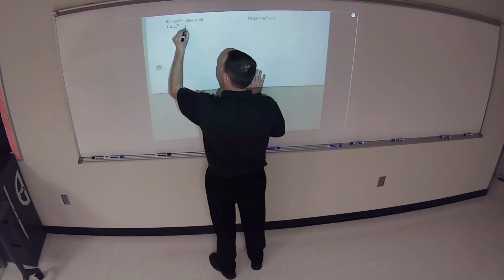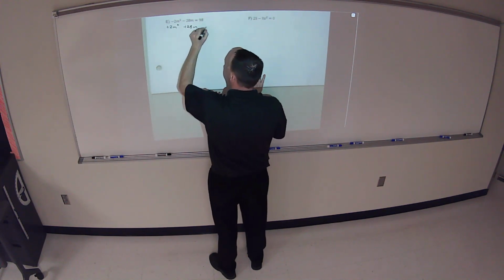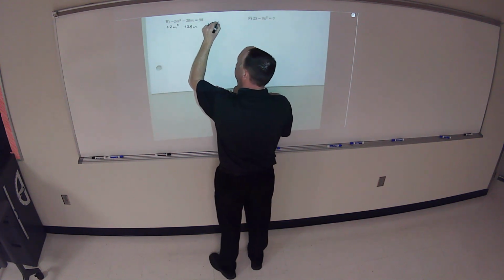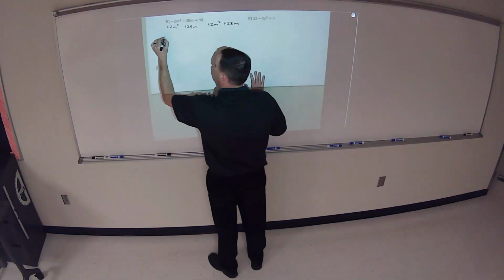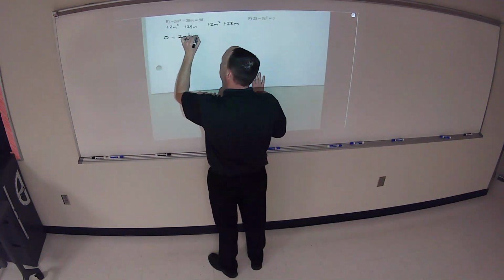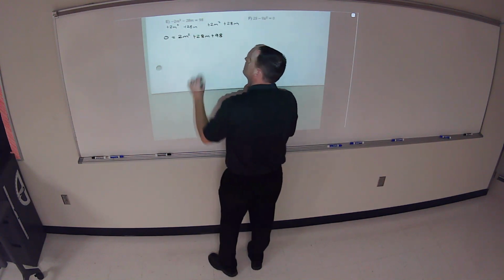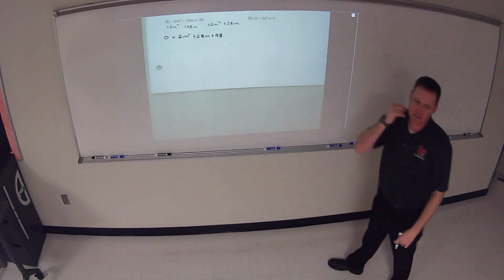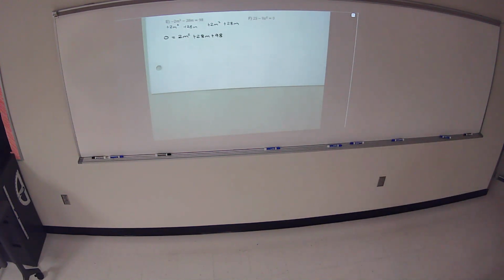So, just make sure that if you move your 98, that your greatest common factor includes a negative. So I have 0 equals 2m squared plus 28m plus 98. I would still, and I talked with a couple of you here, put your answers in standard form when you're doing this. Alright, so we have it equal to 0.